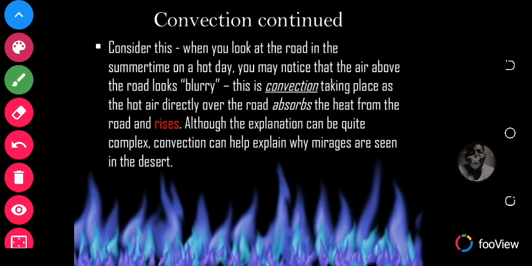Although the explanation can be quite complex, convection can help explain why mirages are seen in the desert. So sometimes on sunny days when you are standing far up, you can see a blurry look in the atmosphere, and this is a sign of convection happening because warmer air is rising.